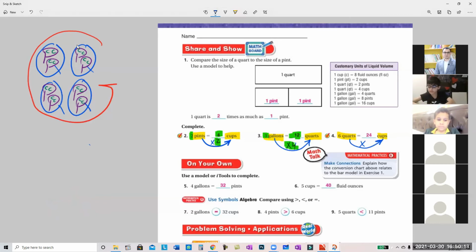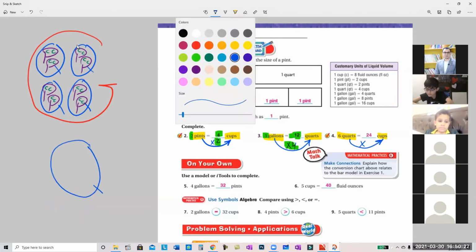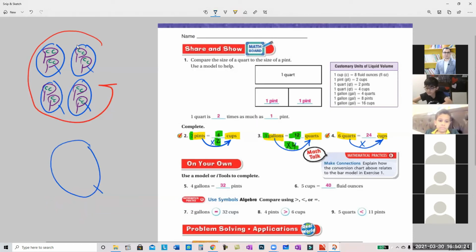Okay, so here we have quarts, right? Equal how many cups? Inside the quart, how many cups are inside the quart? I'm asking how many cups inside the quart?